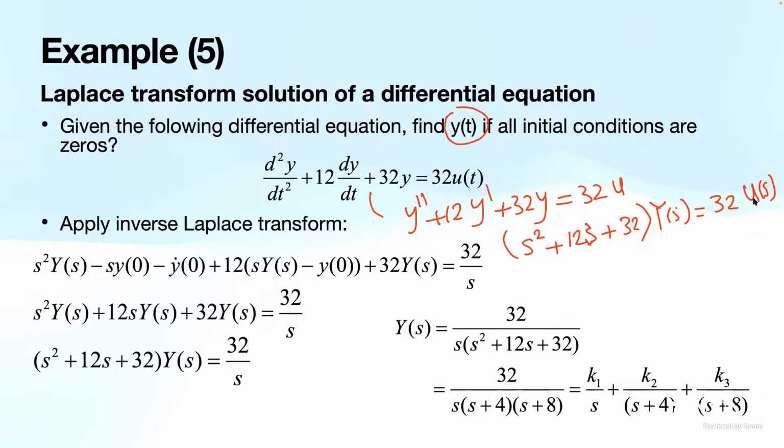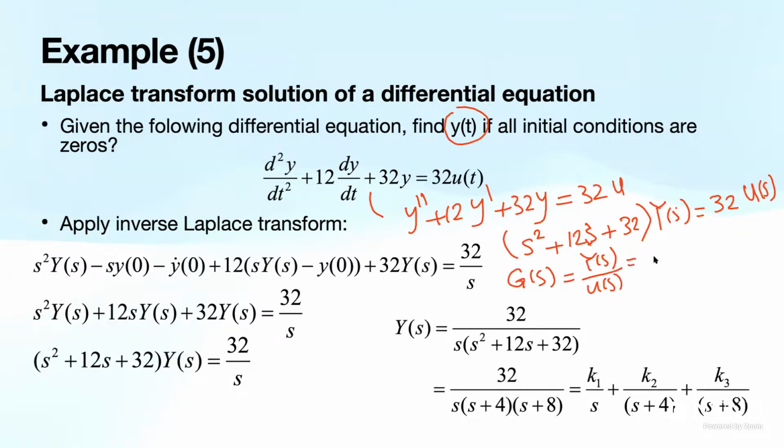But I don't know. I mean, he should tell me what the value of u of t is. Is it a step? Is it 1? If it is 1, it will be 1 divided by s. Anyway, if you want to get the transfer function, it will be g of s equals y of s divided by u of s.